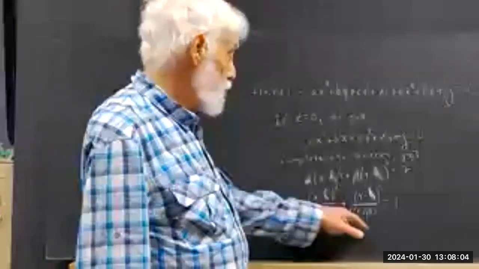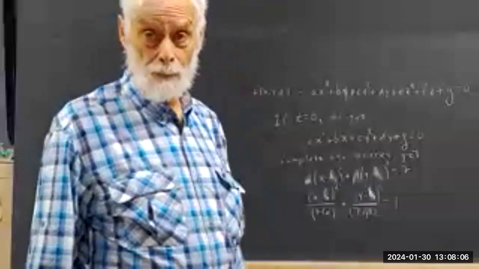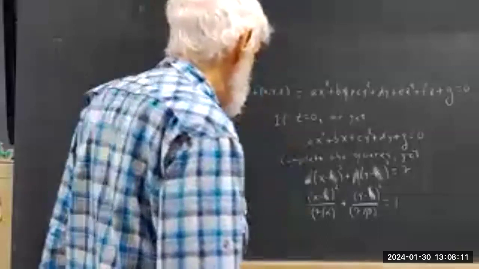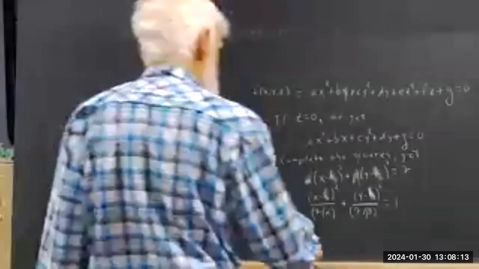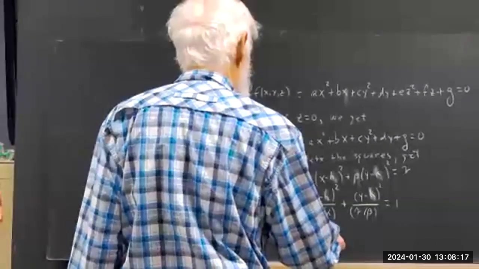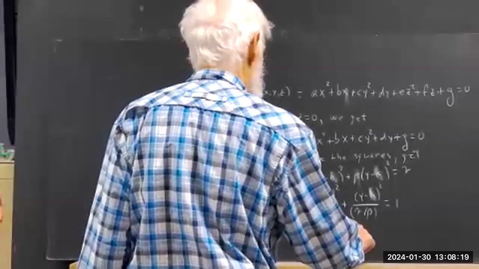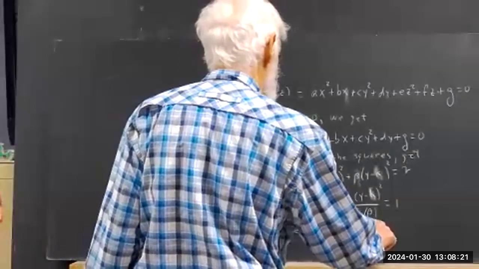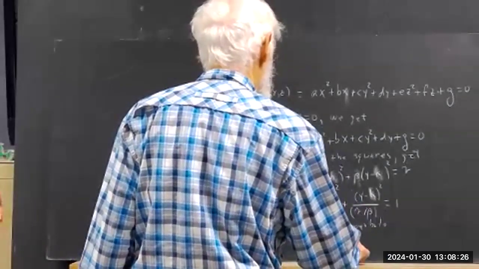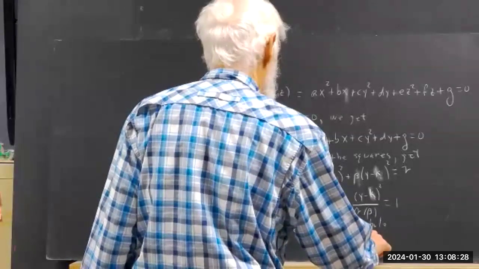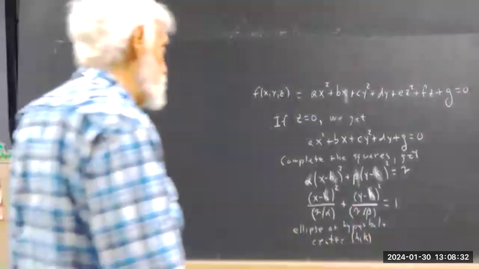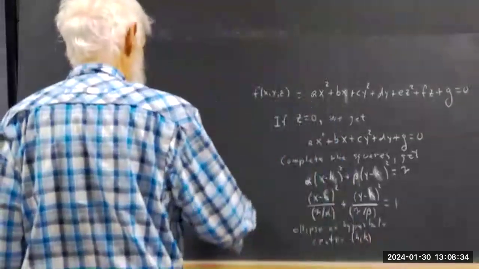If one is positive and one is negative, it's a hyperbola. And it centers at HK. And now you can sketch it.